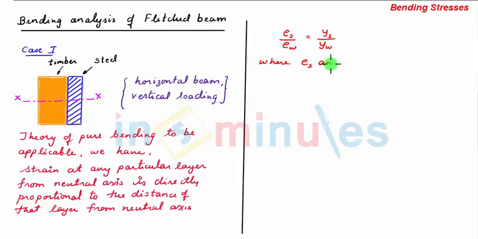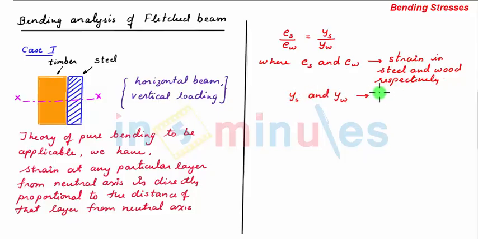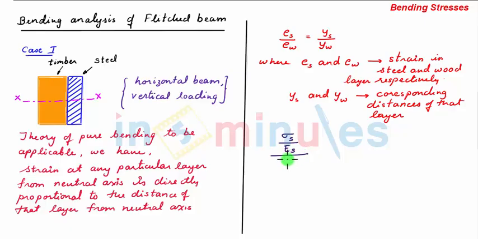εS and εW are strain, which is a linear strain, in steel and wood respectively, and YS and YW are corresponding distances of that layer. So since these strains are linear strain, I can write strain formula as εS is equal to sigma S by ES upon sigma W by EW is equal to YS by YW.